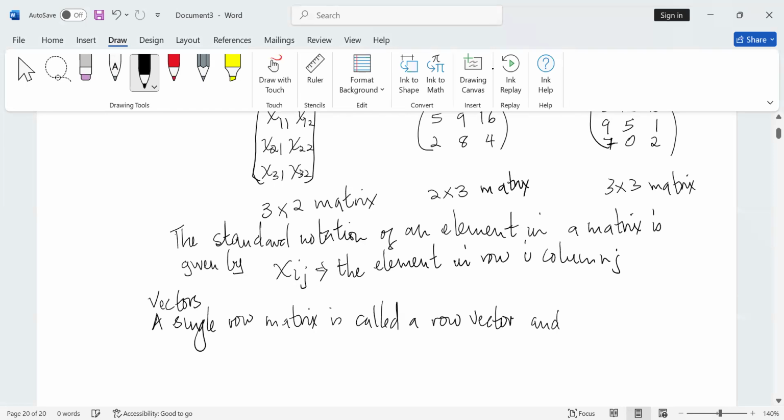And a single column matrix is called a column vector.